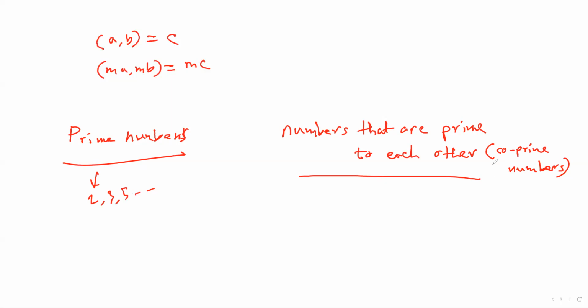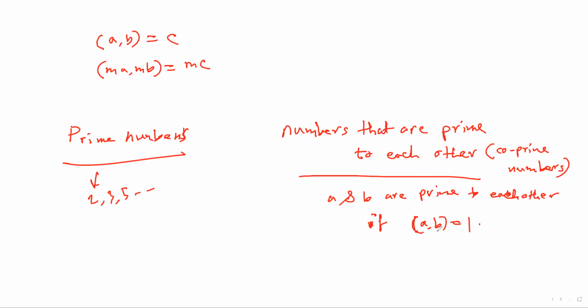And numbers which are co-prime to each other means if you are given two numbers and their GCD is 1, we call them co-prime. So A and B are prime to each other if the GCD of A and B is simply 1.